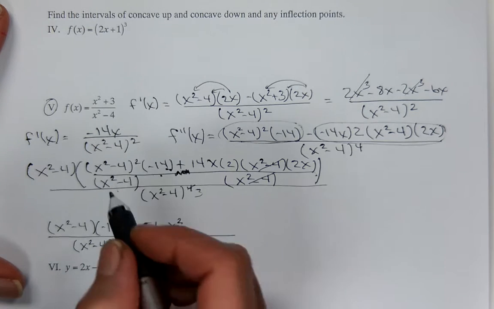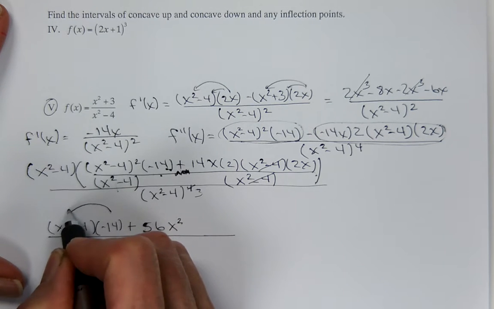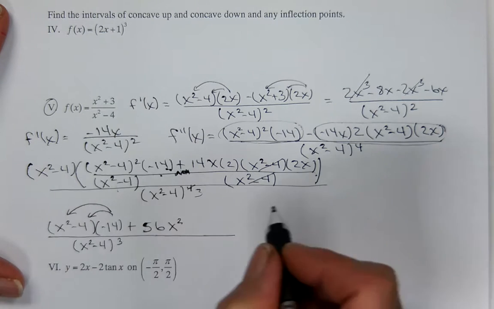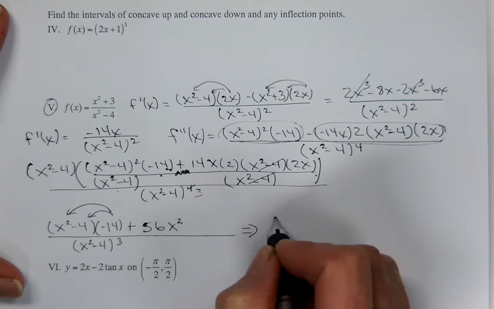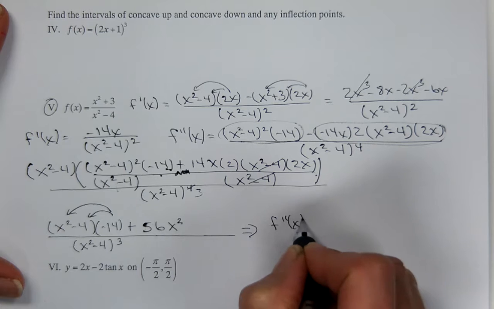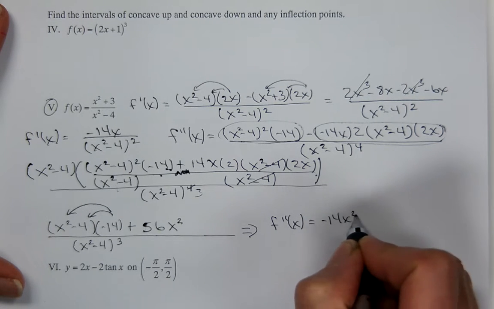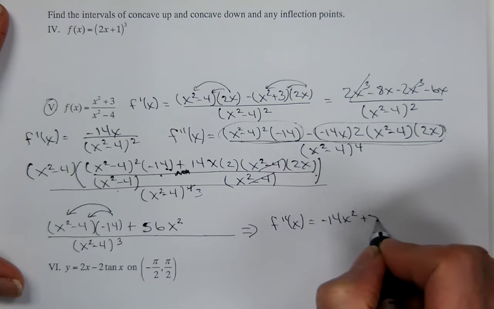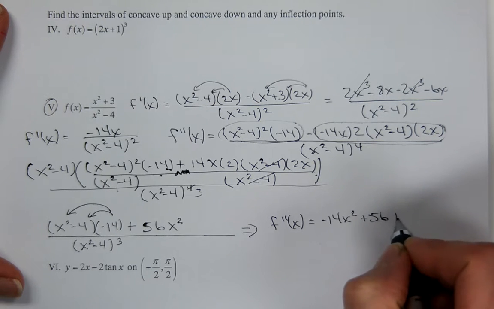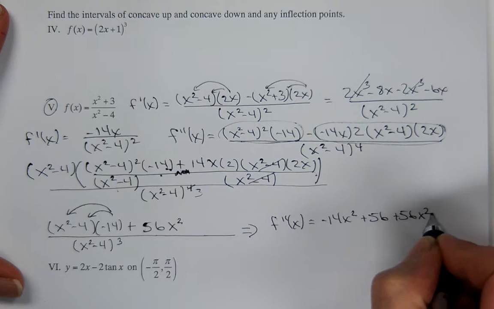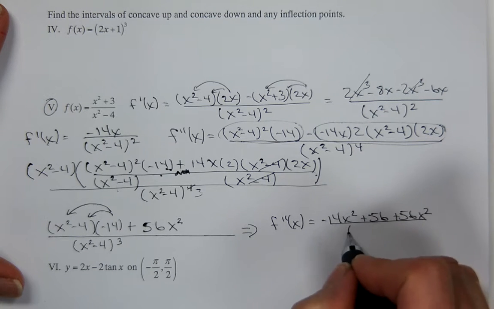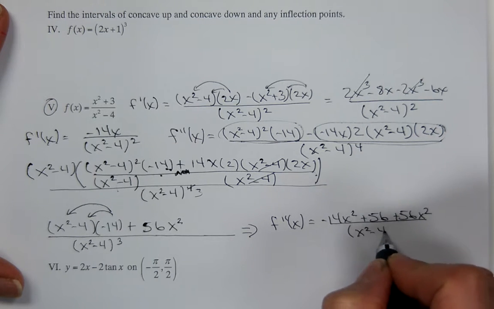And now let's keep simplifying by distributing. This is still the second derivative. F double prime of x is equal to negative 14x squared plus 56x squared over our x squared minus 4 cubed.